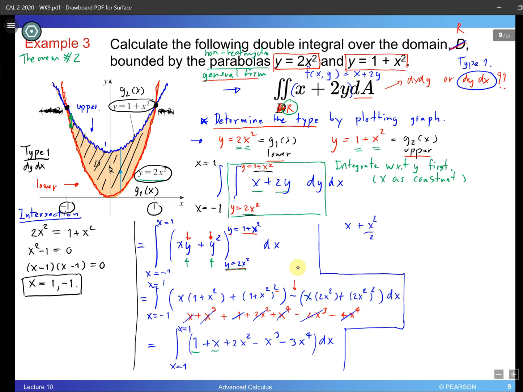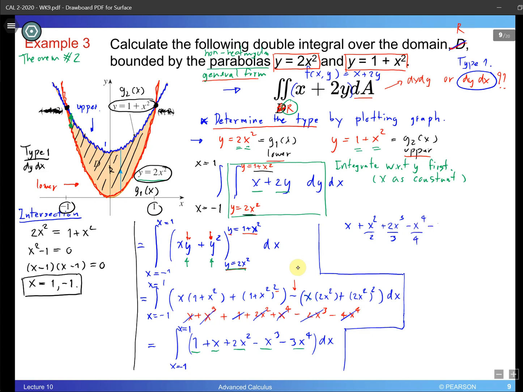The third term with respect to x, I get x cubed over 3. So we have this plus 2x cubed over 3. Now this one with respect to x, I get x to the 4th divided by 4. So I have this minus x to the 4th divided by 4. And I integrate this with respect to x, I get x to the 5th divided by 5.